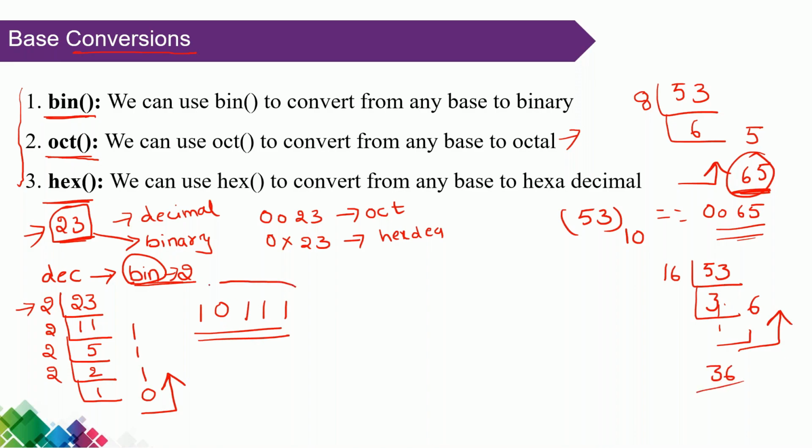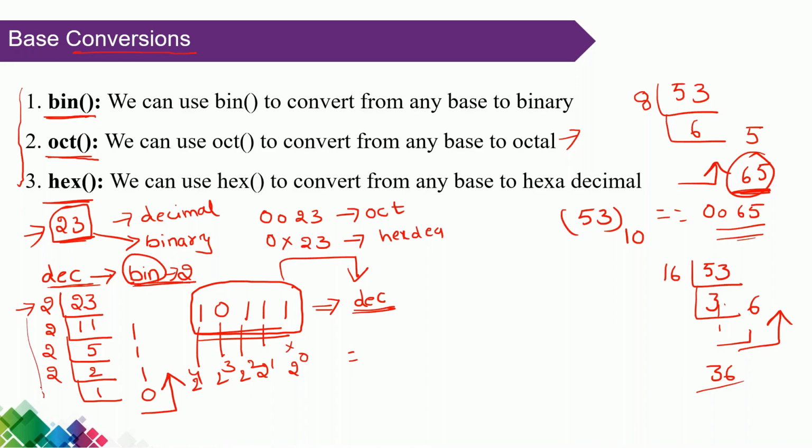Now, if it is a binary number, how do you convert it into decimal? Simply, if you want to convert a binary number into decimal, multiply by powers of 2. So 1 into 2 power 0, 1 into 2 power 1, 1 into 2 square, into 2 cube, into 2 power 4. Understand the point? At the time of converting decimal into binary, divide by 2.